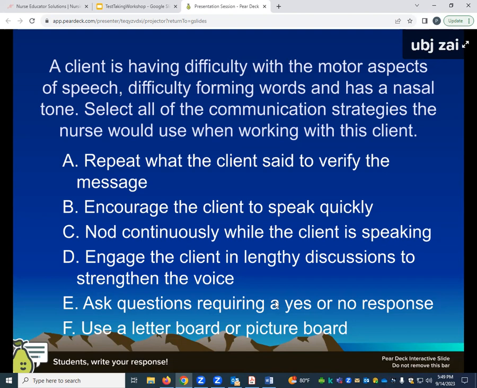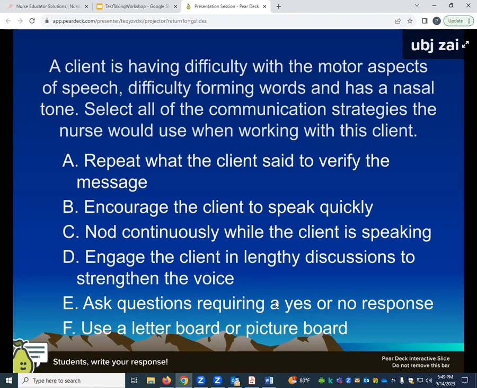Should you nod continuously while the client is speaking? No. Continuously, again, we have an absolute. Would that not drive you crazy if somebody, while you were talking to them, just kept nodding at you? It'd be very distracting. Engage the client in lengthy discussions to strengthen the voice. Not in this situation, because they have difficulty forming words. Ask questions requiring a yes or no response.